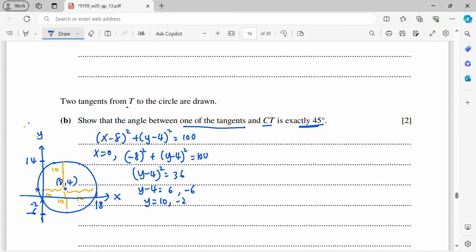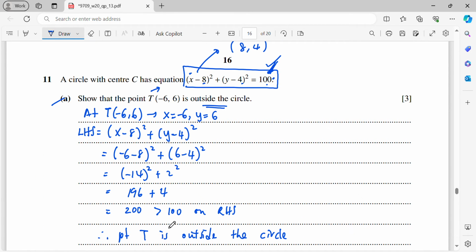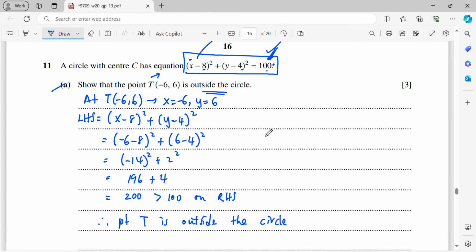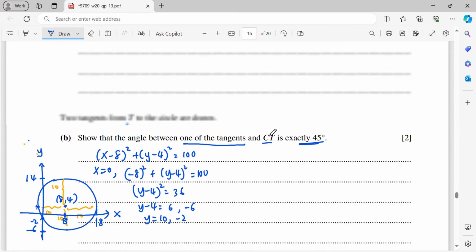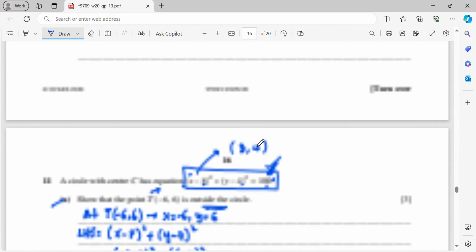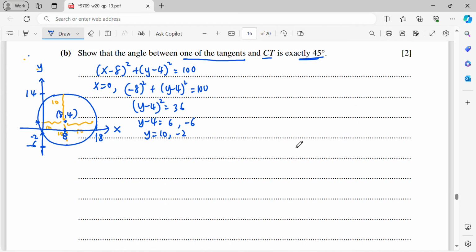Now, T is (minus 6, 6), so x is minus 6, y is 6.